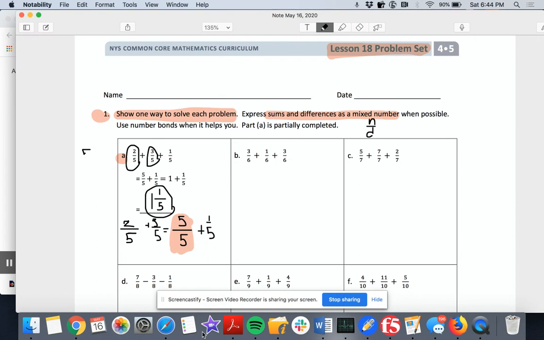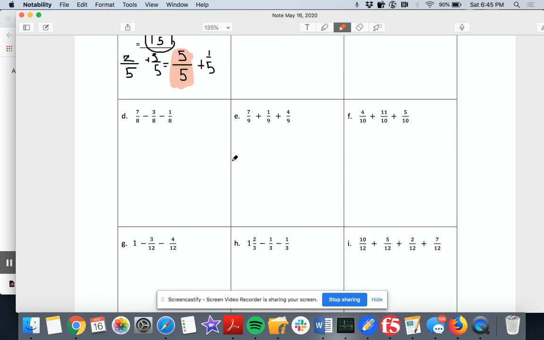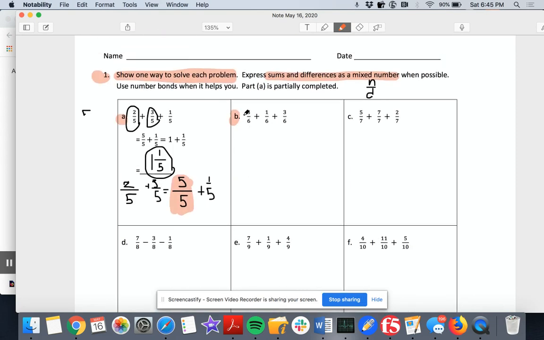Okay, let's go ahead and try B together. And then we'll probably do a more difficult one together. So first things first, let's check to see if my denominator is the same. Yep. Okay, all good to do this problem.